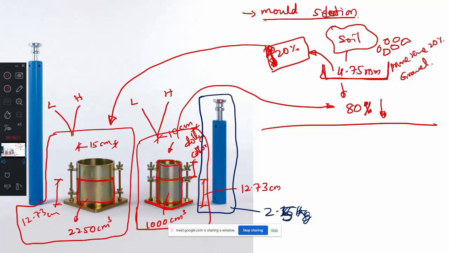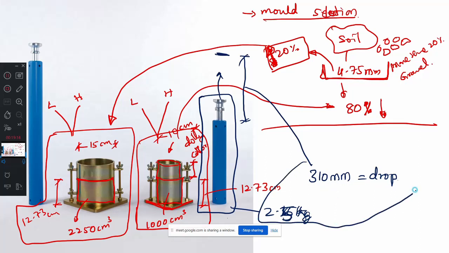If you lift it up to this height and drop it, it will fall from a height of 310 mm. So a small hammer, 2.5 kg and 310 mm drop, will result in low compaction.